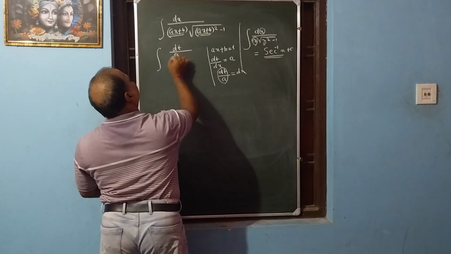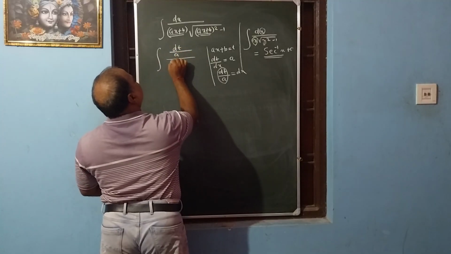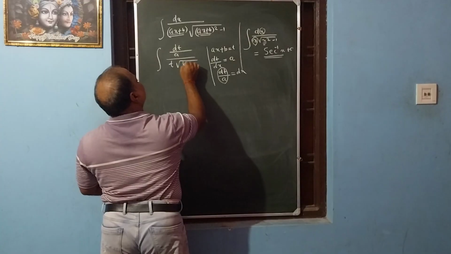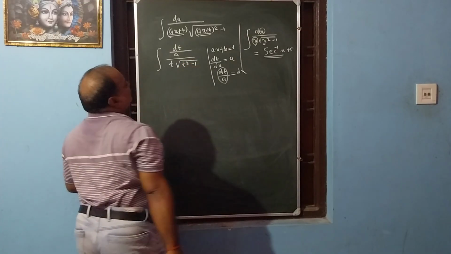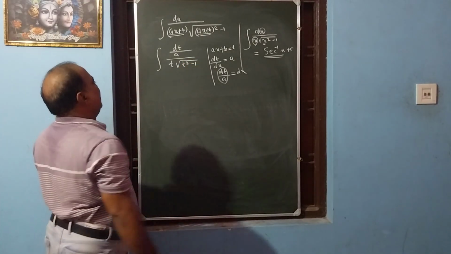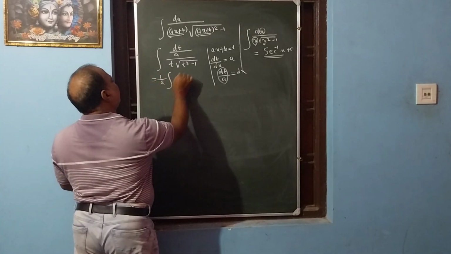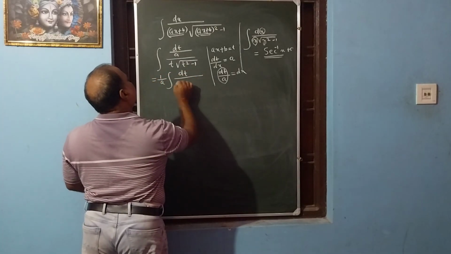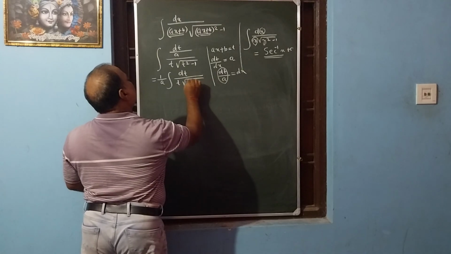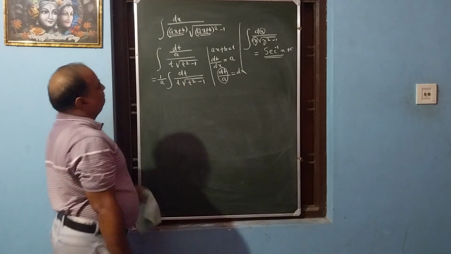dt by a. So here it is t, here it is root of t square minus 1. So 1 by a is the constant that will come outside of the integration. We get dt upon t into root of t square minus 1.